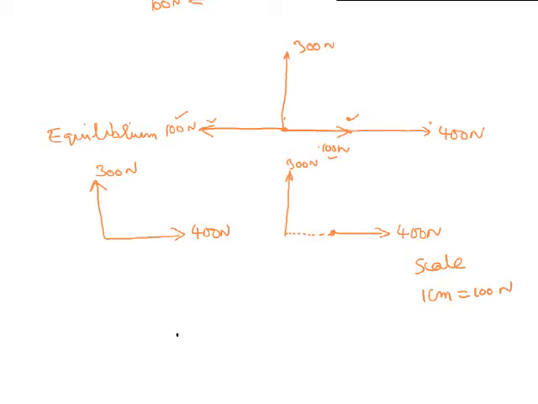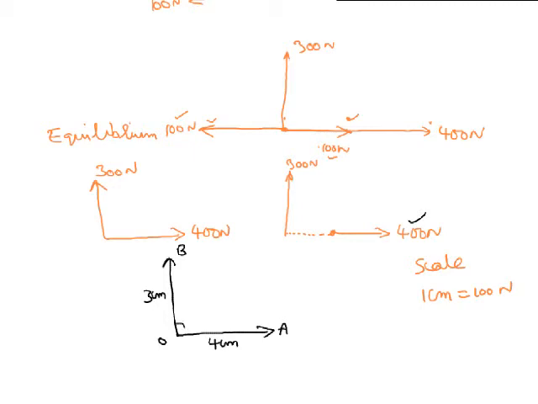Then starting with a point O, you draw a line OA of length 4 centimeters to represent the 400 newton force, and then a line OB of length 3 centimeters.